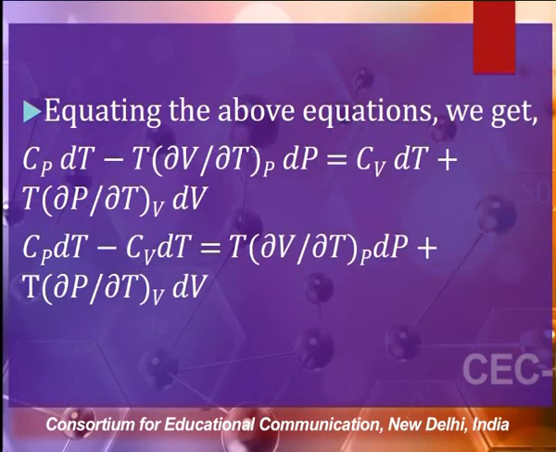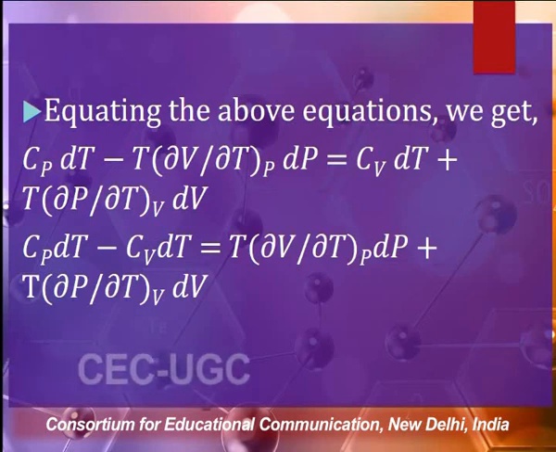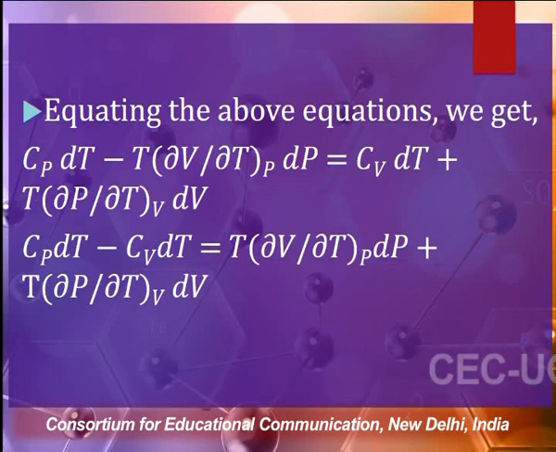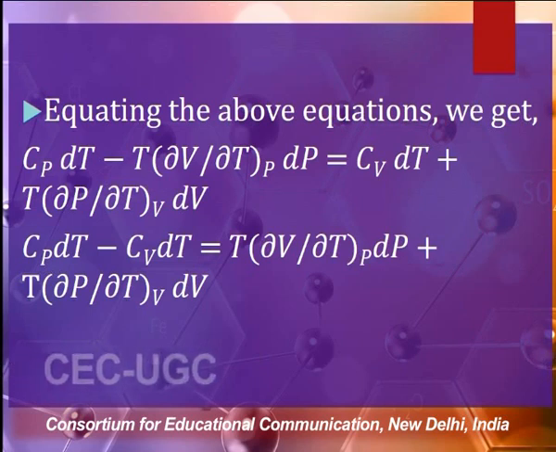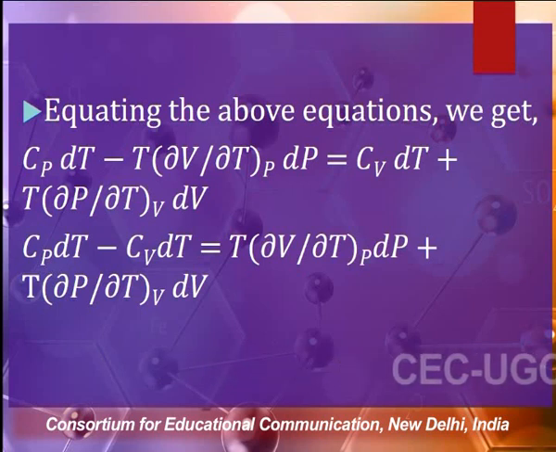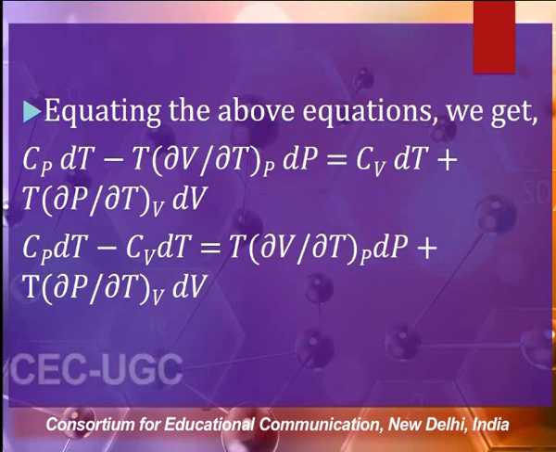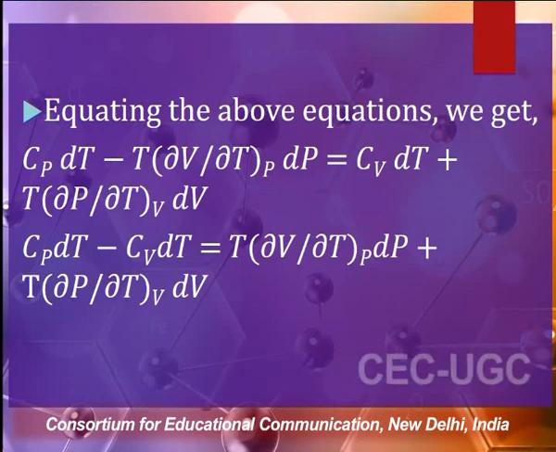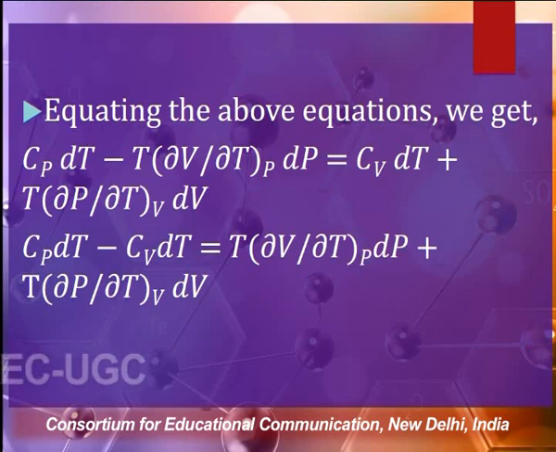If we equate the above equations, because we see the left hand side of both the equations has TdS, we can equate them. Left hand side is equal, which means the right hand side also has to be equal. So we get Cp dT minus T times delta V by delta T at constant pressure into dP is equal to Cv dT plus T delta P by delta T at constant volume into dV.